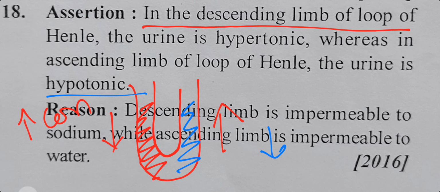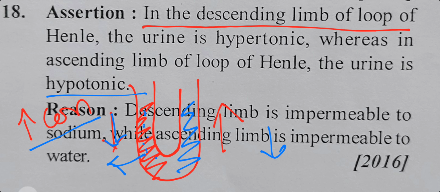The descending limb is permeable to water, so the water molecules present will come outside. When water molecules are reduced from the filtrate, the concentration of urine will be more, as given in the assertion.